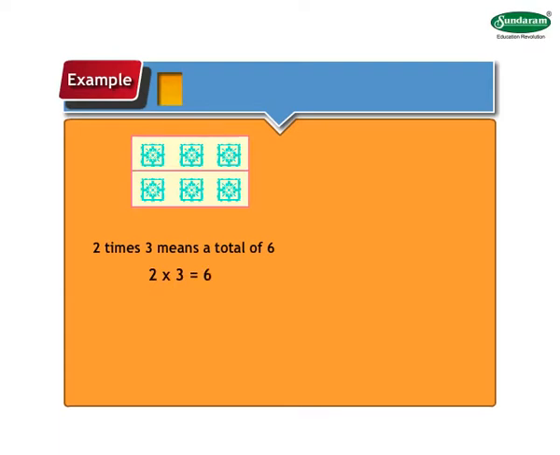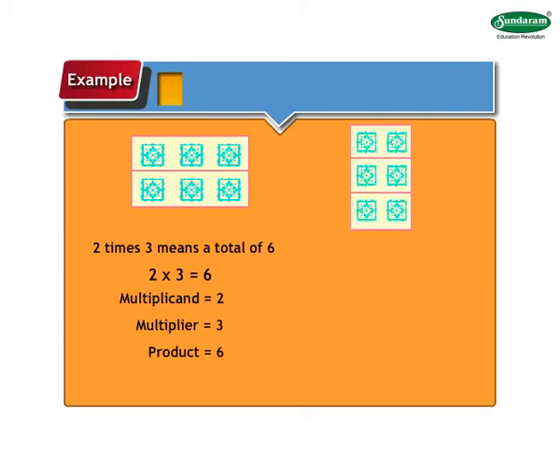In this example, 2 is the multiplicand, 3 is the multiplier, and 6 is the product. Now, look at this arrangement. The same objects are arranged in the other way. Here, we can see that there are 3 rows with 2 objects each.